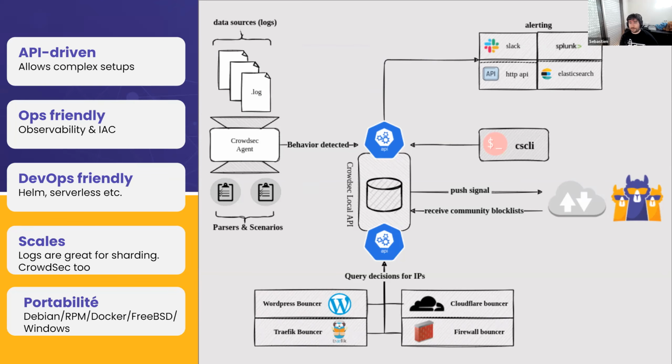So CrowdSec can also send notification to Slack. We have a generic webhook or even Elasticsearch to be notified when CrowdSec is trying to block something. And lastly, we have cscli, which is a command line tool that is used to manage your CrowdSec installation.